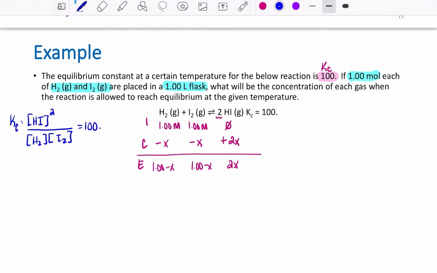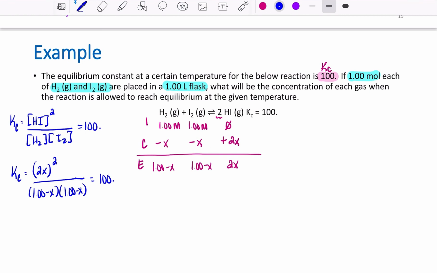Plug in my values from my ice table. Kc equals 2x quantity squared divided by 1.00 minus x times 1.00 minus x. I think I forgot to say minus x a second ago, but it should be minus x.